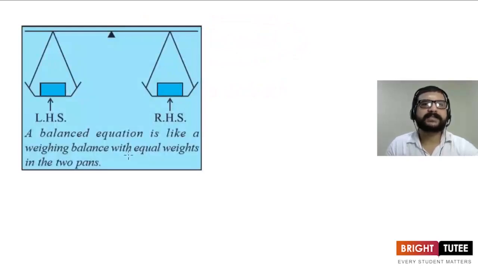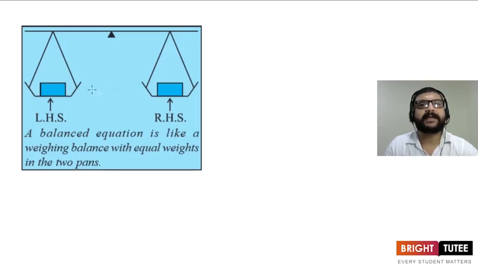Now let's see one very good example of a balanced equation. A balanced equation is like a weighing balance with equal weights in the two pans. So here we have a weighing balance in which both the pans have equal weight. This is an example of a balanced equation. Now if we put equal weights on both the sides, will it be balanced?